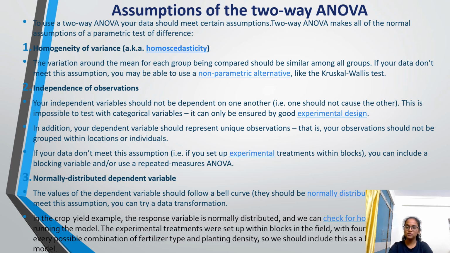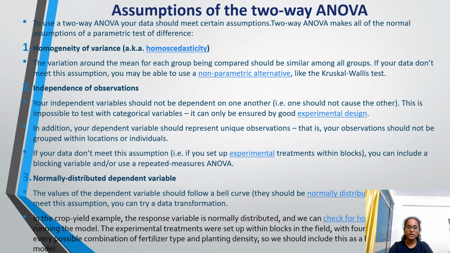That is, your observations should not be grouped within locations or individuals. If your data don't meet this assumption, that is, if you set up experimental treatments within blocks, you can include a blocking variable and/or use a repeated measures ANOVA.